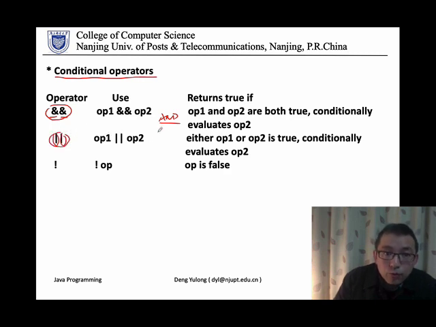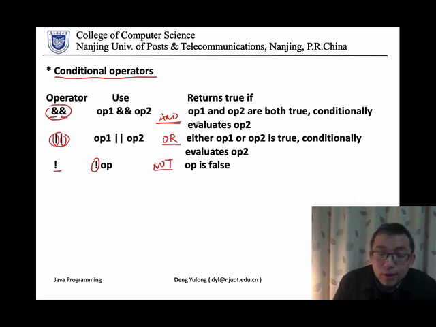The double bar makes the OR operation. And with the exclaim sign, we make the NOT operation. So the double ampersand is the AND operation, the double bar is the OR operation, and the exclaim sign is the NOT operation.